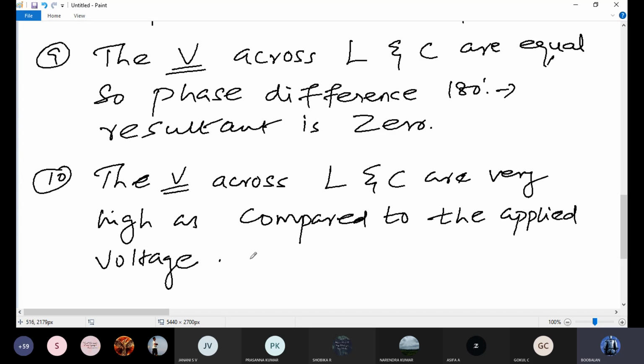So this LCR circuit is used for large magnification of AC voltage. I need large magnification of AC voltage, so in this LCR circuit it is possible.